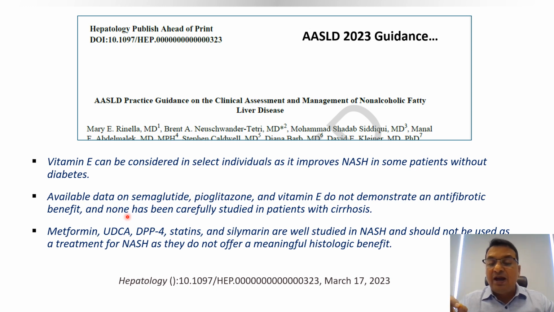And at the same time, AASLD also says that metformin, UDCA, DPP4 inhibitors, statins, and silymarin are well studied in NASH, and they should not be used as a treatment for NASH, as they do not offer meaningful histological benefit.